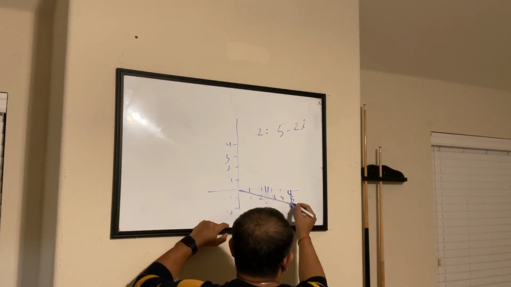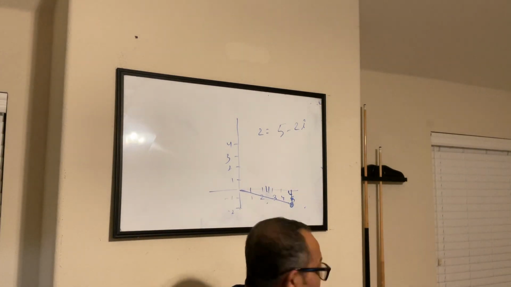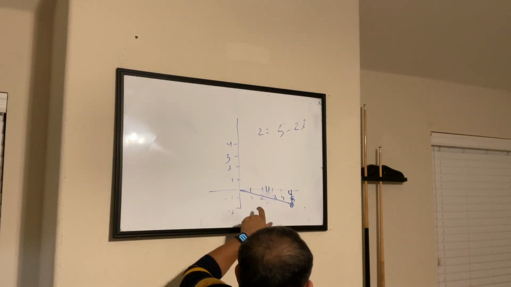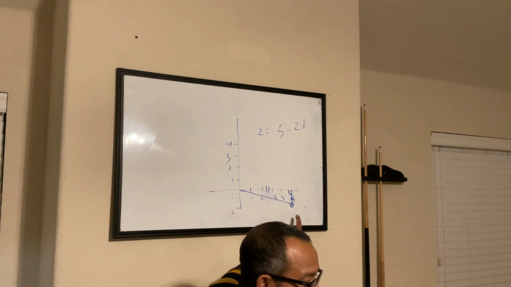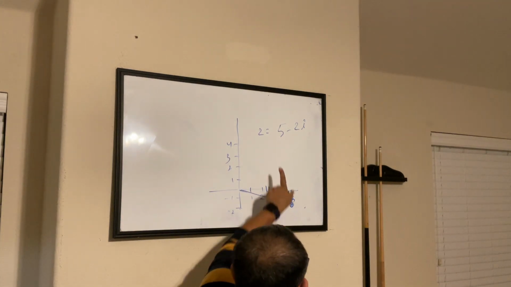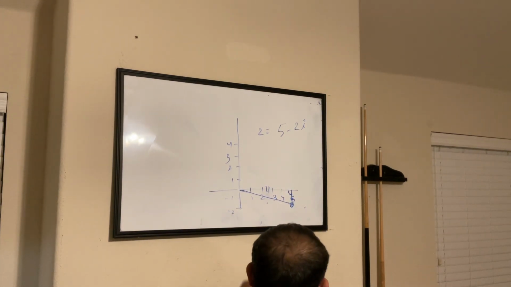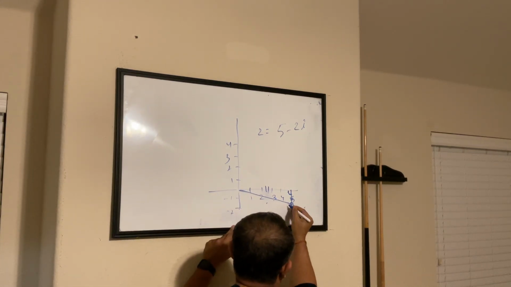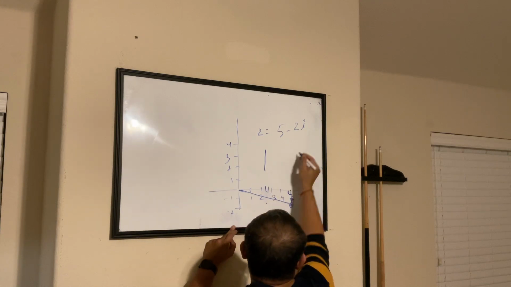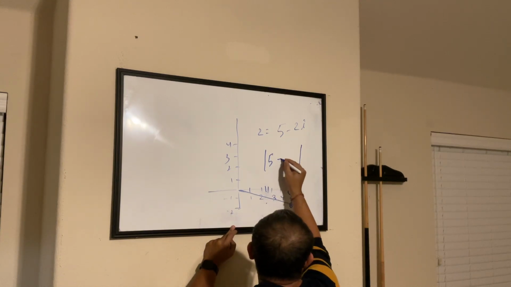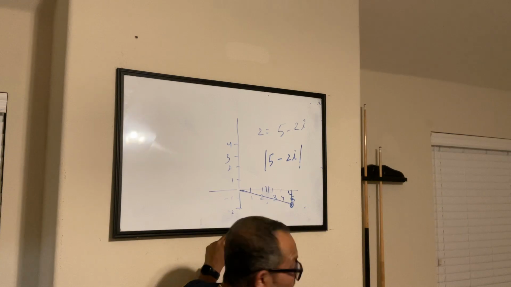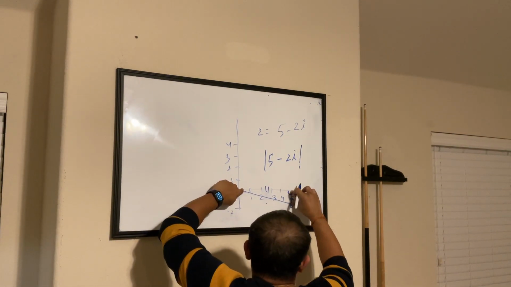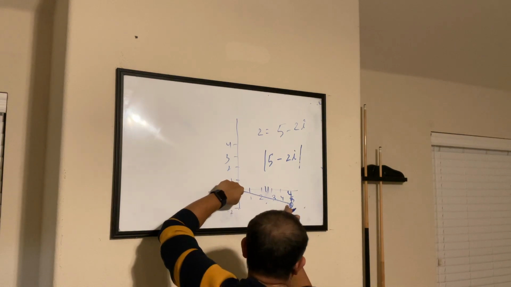This is your base, and this is your adjacent side. Square of this plus square of this, and get the square root of that, which will be this length. So basically the absolute value of this complex number would be nothing but the mod of this. So you will take this length and this length, square them, and get the square root of that, which will be your hypotenuse.